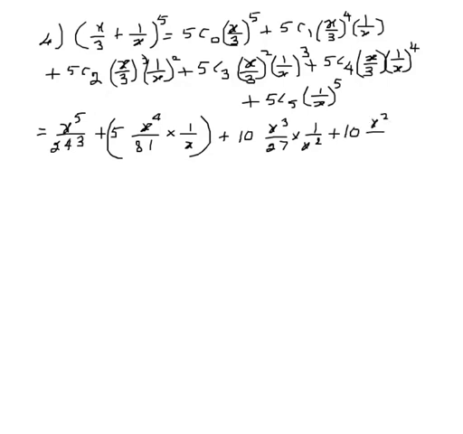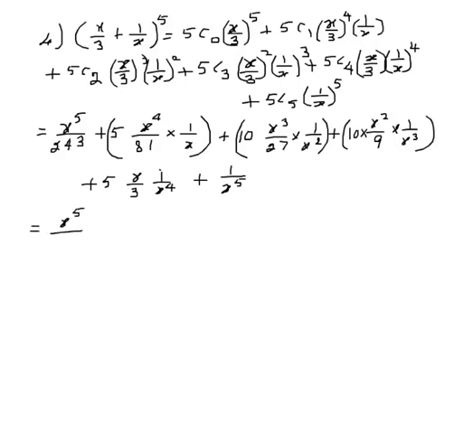X square divided by 9 times 1 over x cube. Then 5c4 is 5 times x over 3 and 1 over x power 4, plus 5c5 is 1. 1 divided by x raised to 5.